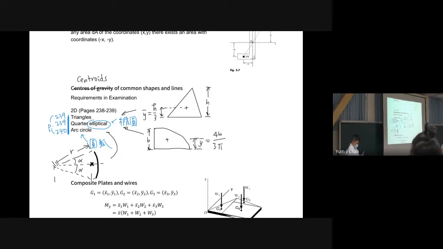And the distance x is here. This is the centroid, and x bar is equal to r sine alpha divided by alpha. I need you to remember these three. And for the other shapes, I will show you how to do that.